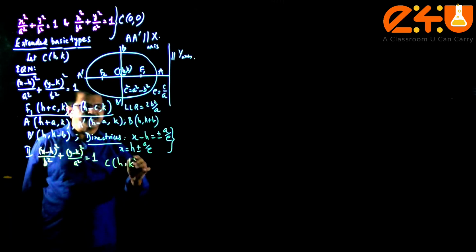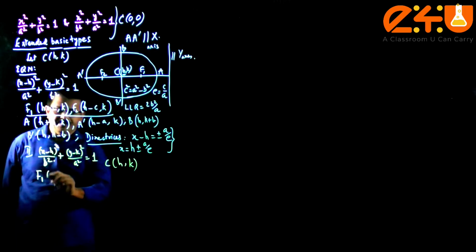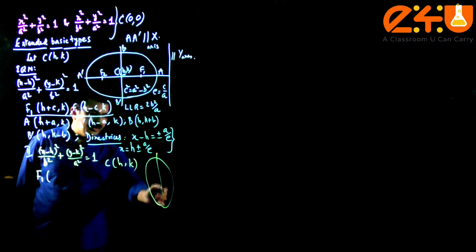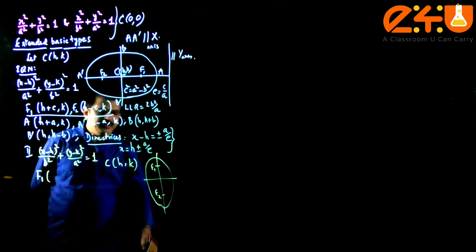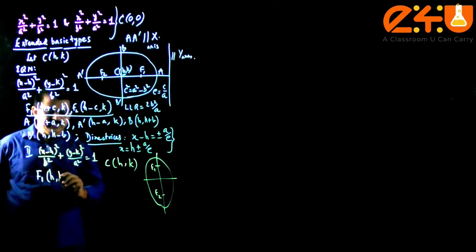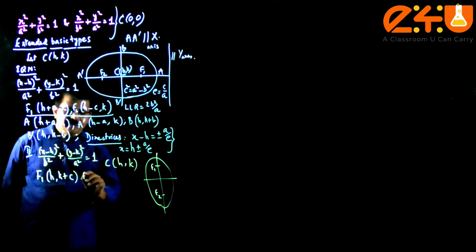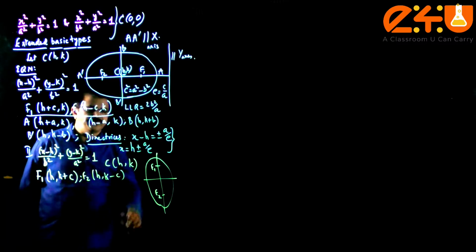Center, no doubt, h comma k. And please understand, the foci will be along the major axis, but major axis is parallel to y in this case. So h will remain as it is, y coordinate k, and you have to add c, and f2 shall be h comma k minus c.